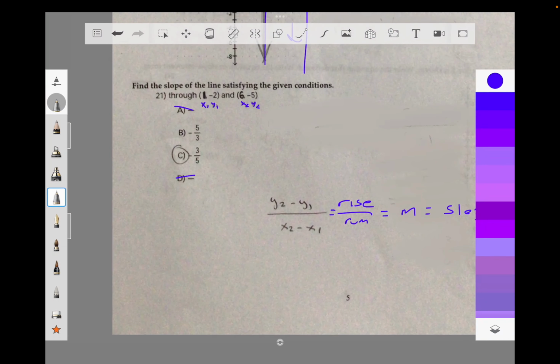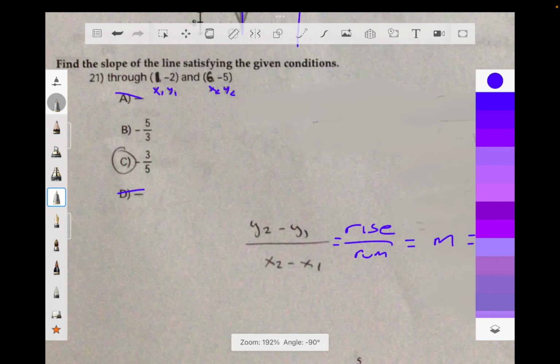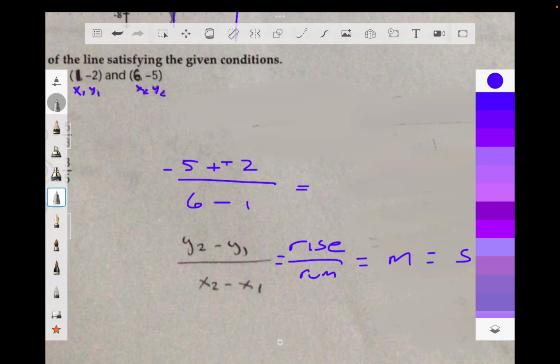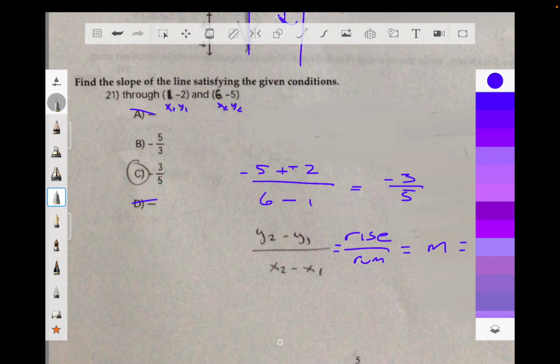You plug this into there, so it's going to be -5 minus the -2, over 6 minus 1. So this can be positive, so it's going to be -3 over 5, which is this one.